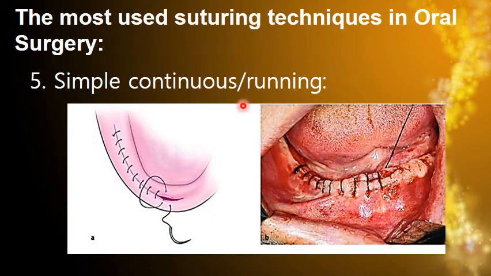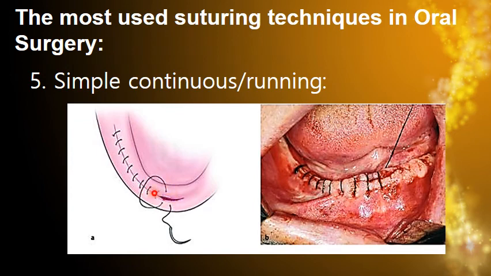How will it be? First, I will do a normal stitch, a normal simple interrupted, but instead of cutting the suture, I will continue stitching. And then I will do the knot with the last stitch, like we see here.